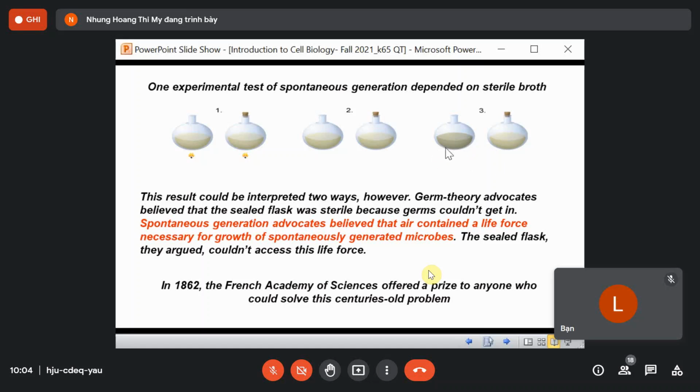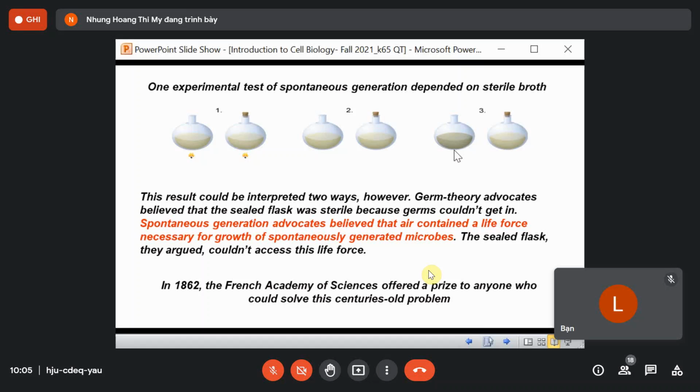And why does the color change in the solution? Because in each solution they put an indicator, a pH indicator. You know the pH indicator, right? When the pH value changes from acidic to basic, the indicator will change color. Like phenol red, it changes color from pink to yellow if basic turns to acidic.